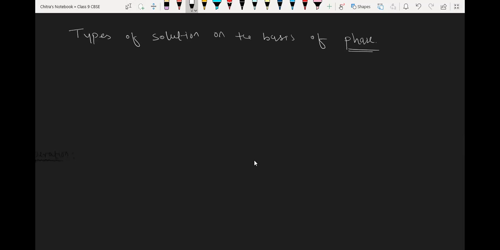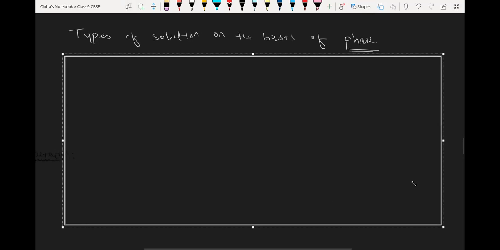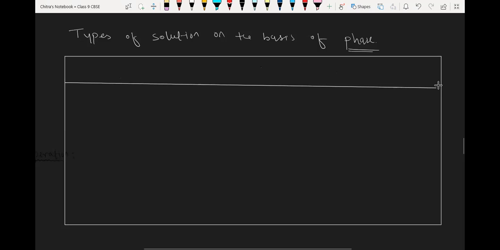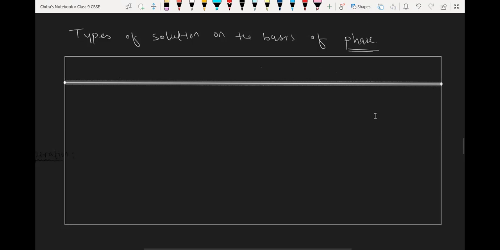Okay. So I'm going to make one table over here so that it becomes more clear. The table is visible, I'm drawing here.